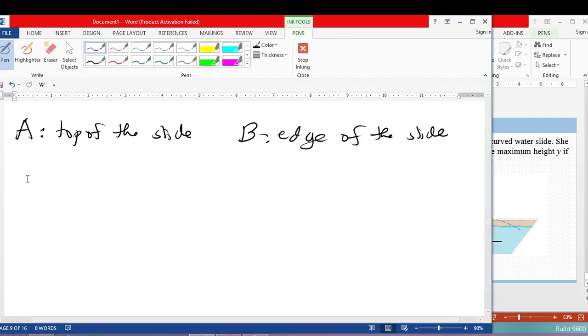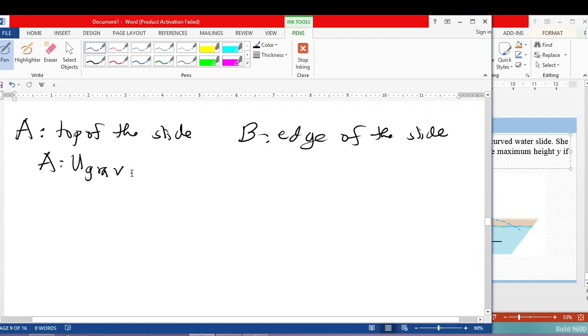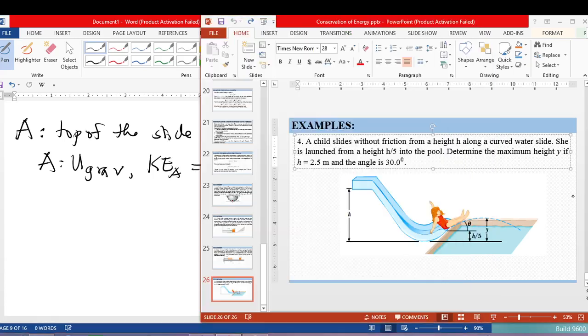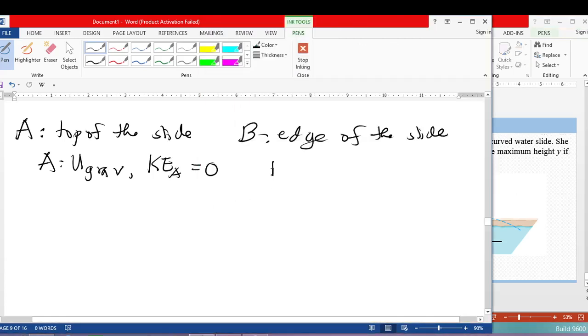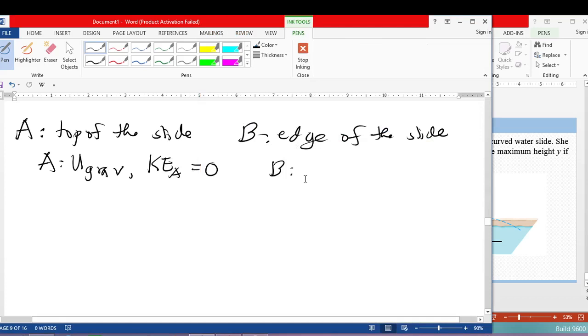So, yeah. So, we have to evaluate muna. So, at point A, naa siya'y potential energy, pero gravitational, dili elastic, wala man tay spring diha nga connect sa bata. So, what else? Wa siya kinetic energy because naa man siya sa top, meaning at rest man siya sa top. At the edge of the slide, all of the gravitational potential energy will now be converted to kinetic energy.